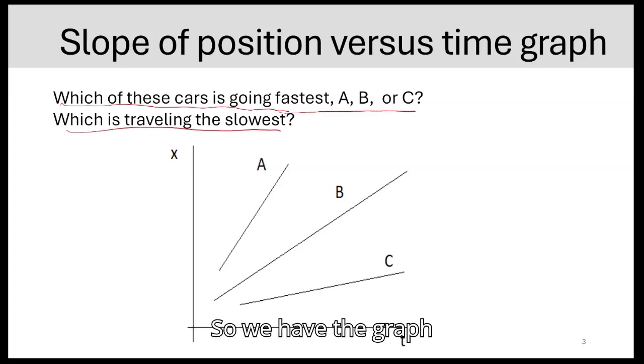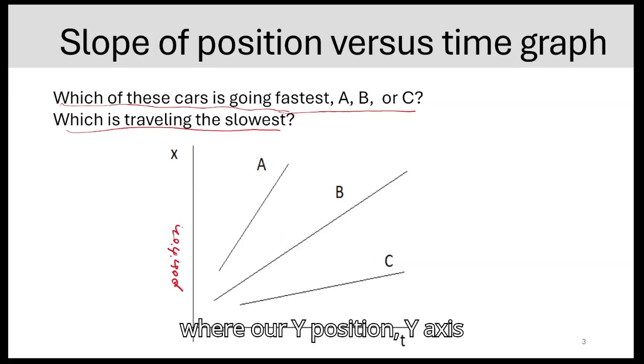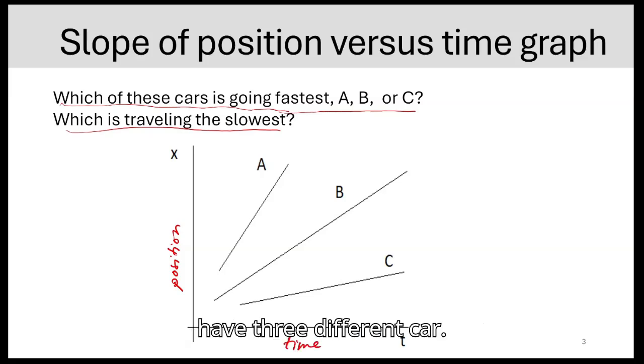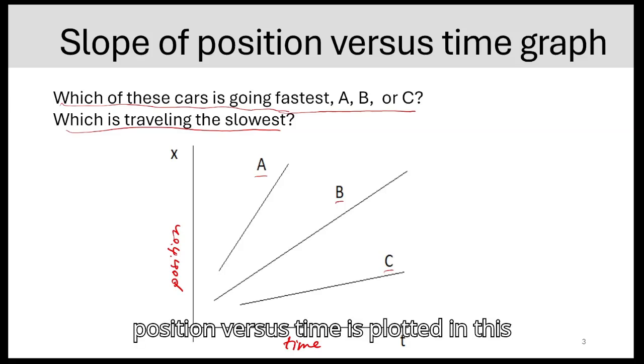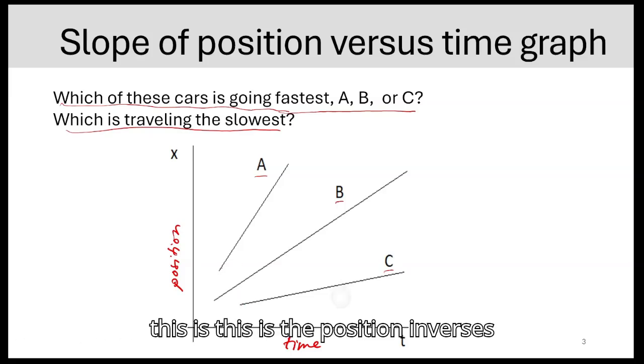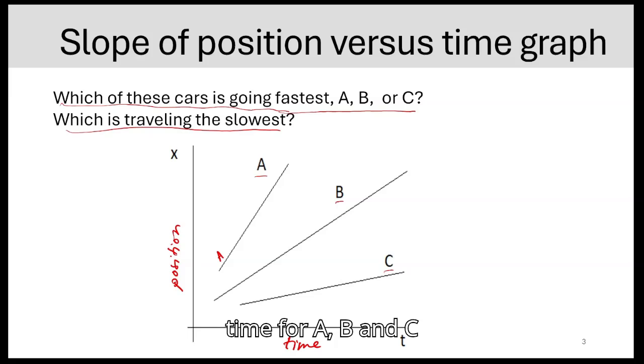We have a graph where the y-axis is position and the x-axis is time, and we have three different cars, car A, car B, and car C, and the position versus time for each is plotted in this graph.